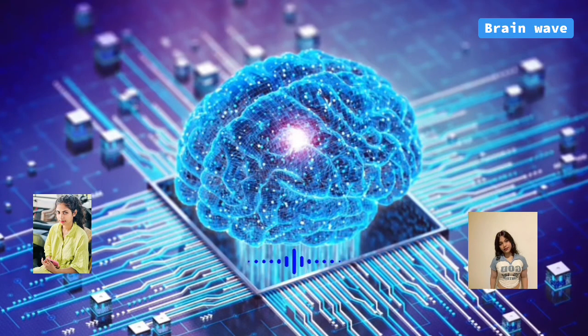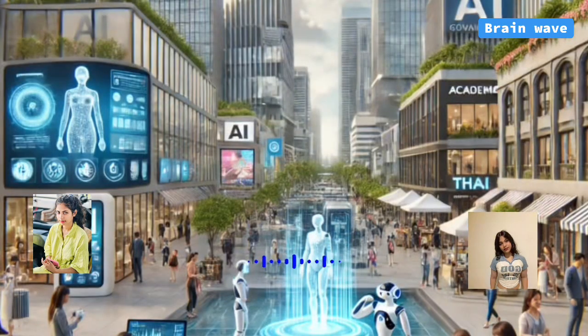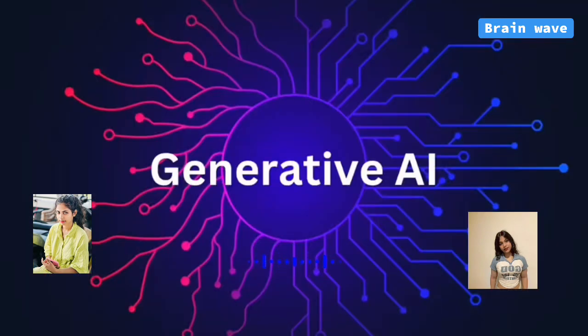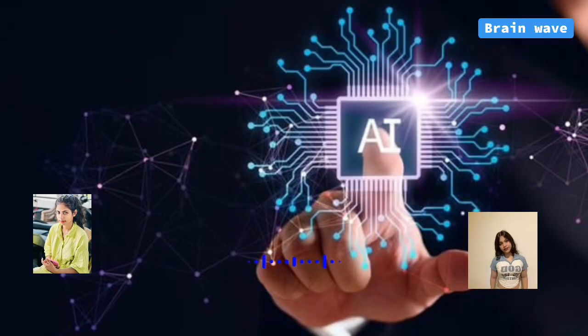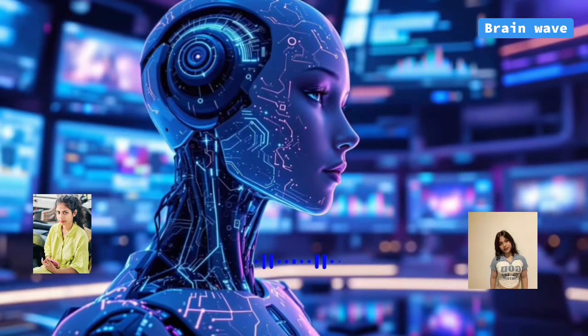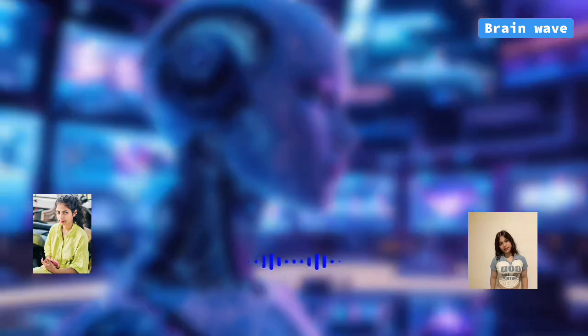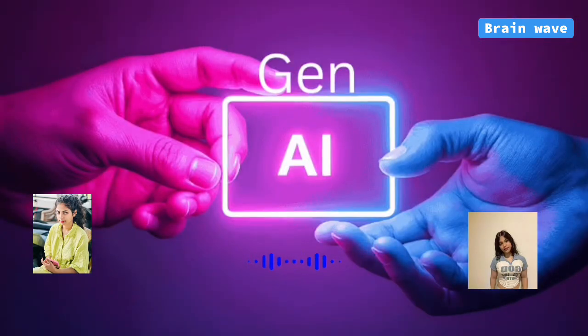Generative AI generates content: text, images, videos, music, even entire software programs. Imagine an AI writing a poem in your favorite style or making a new song based on your mood. That's the power of generative AI.